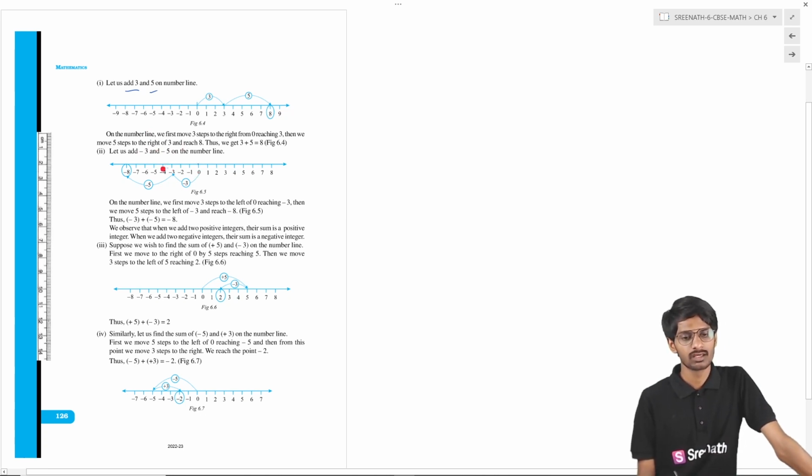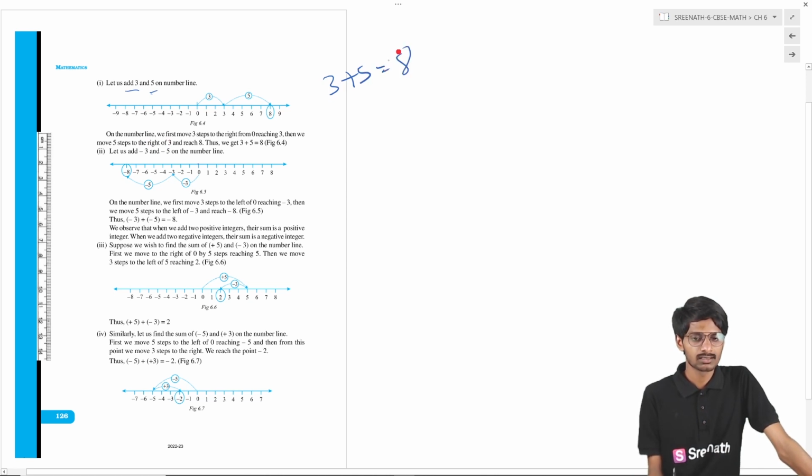After that again minus 5. If you move 5 to the right side, there will be no difference between plus 5 and minus 5. You have to move towards the negative side. You will get minus 8. Okay students, so here 3 plus 5 is equal to 8. Here minus 3 plus minus 5 is equal to minus 8.